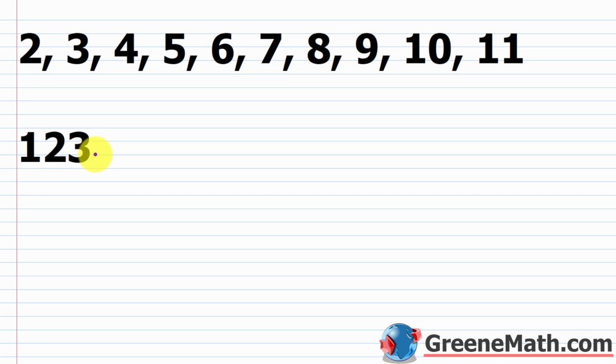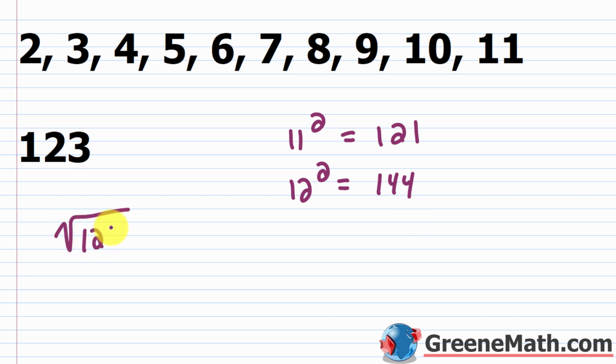So when I have this situation, I'm going to think about the fact that 11 squared is 121, and 12 squared is 144. These are things that I know. If you don't, you can do a multiplication. So if you're not using a calculator, you're just going to think about the fact that the square root of 121 is 11, and the square root of 144 is 12.